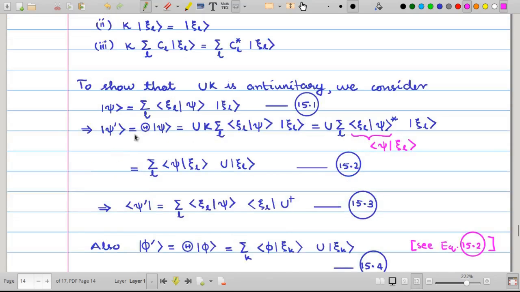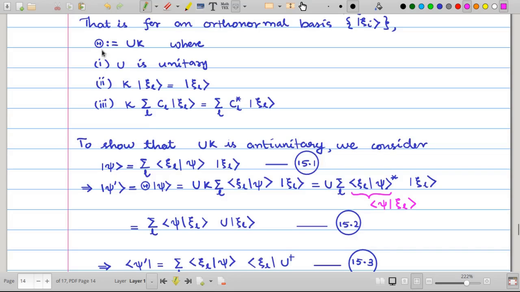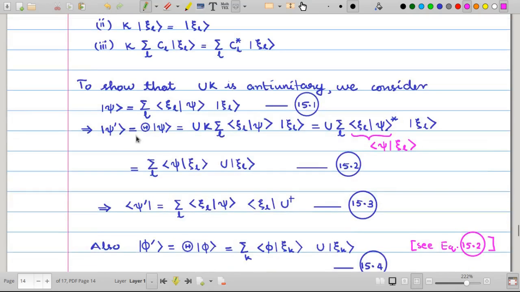Now consider the action of the operator theta defined to be the product of U and K. So we call that vector psi dash, and that would be UK acting on this linear combination. Now K is an antilinear operator, therefore when it acts on a linear combination, it changes all the complex coefficients to their complex conjugates. So the action of K is given here.